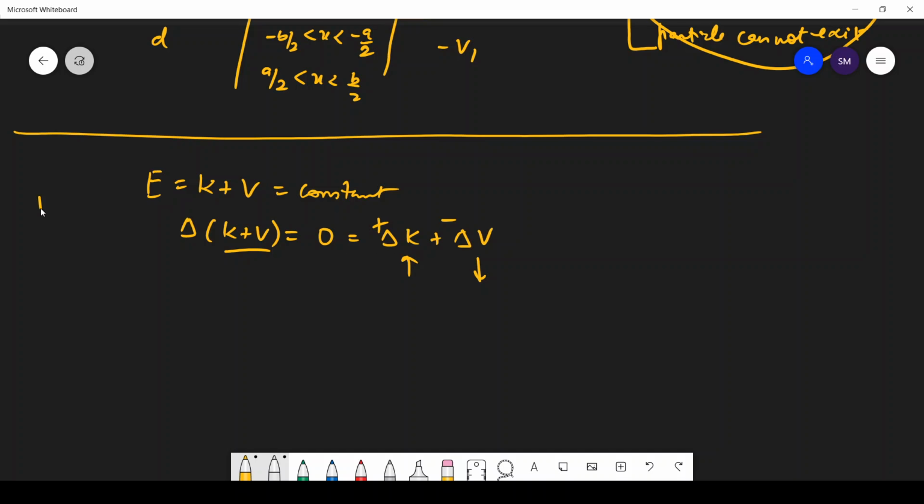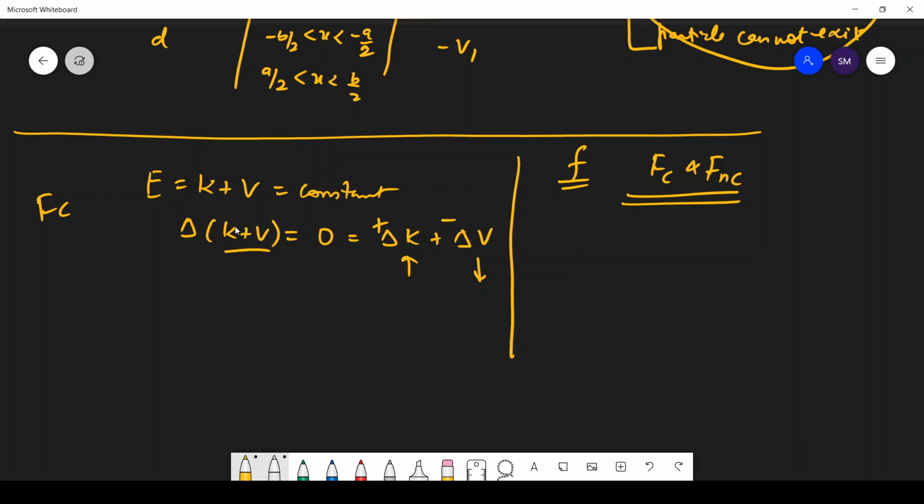So this was for the conservative force. Now what if we have the force of friction also? So we have conservative force, and friction as a non-conservative force. What will be the mechanical energy formula in this case?